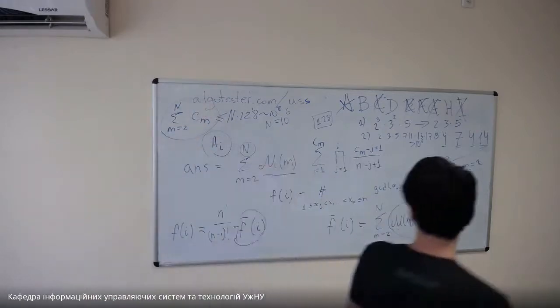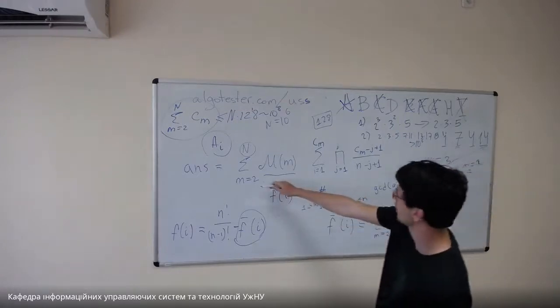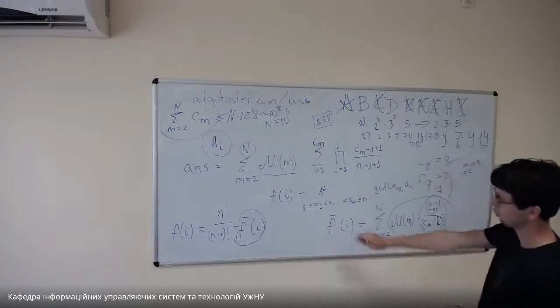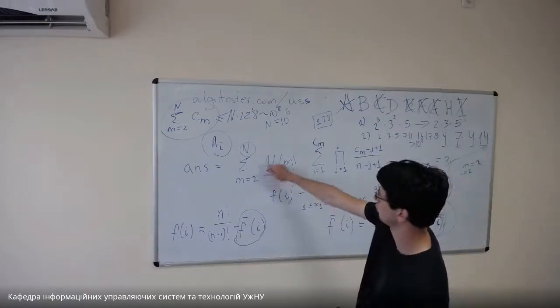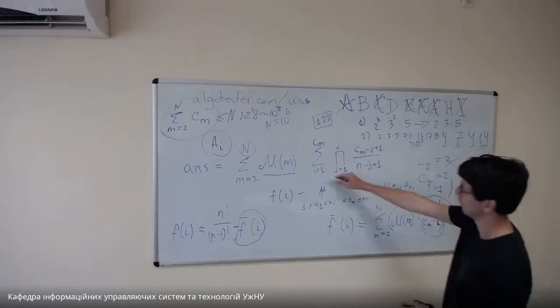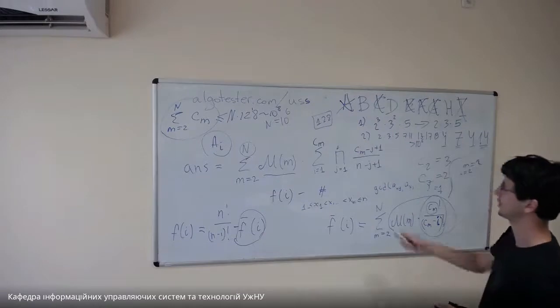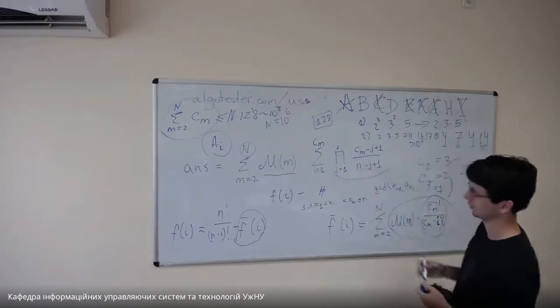Why? Because we can go for each m from 2 to n, and then for i from 1 to c of m, keeping this product.